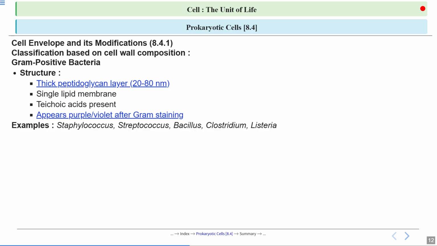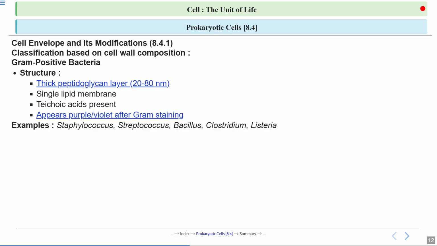Alcohol or acetone can be used as a decolorizing agent. So there is no decolorization, and when the safranin is added, these bacteria don't take up the safranin because they are already stained with the crystal violet dye, so they will appear purple or violet in color.